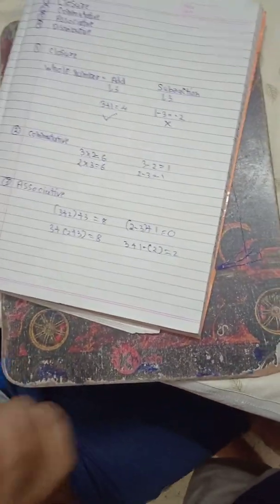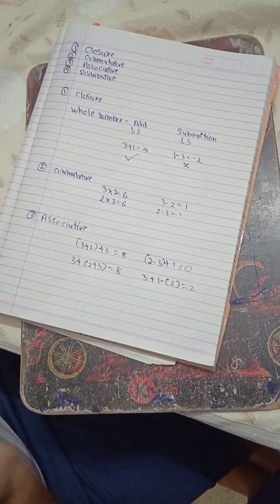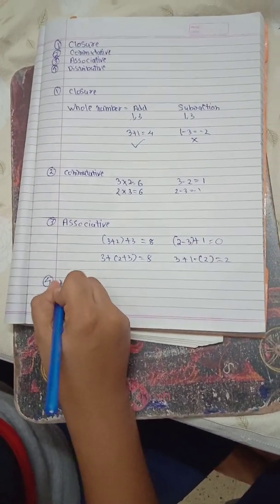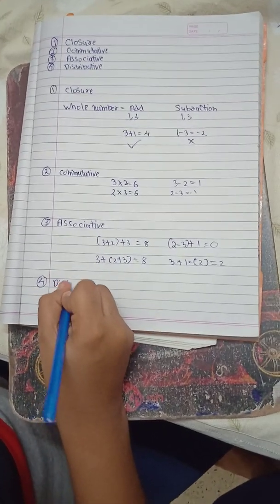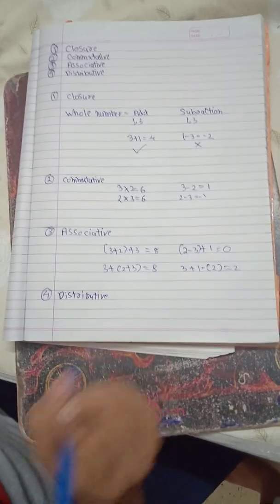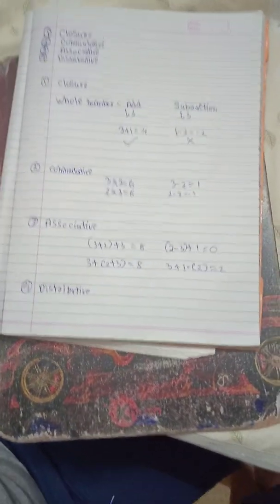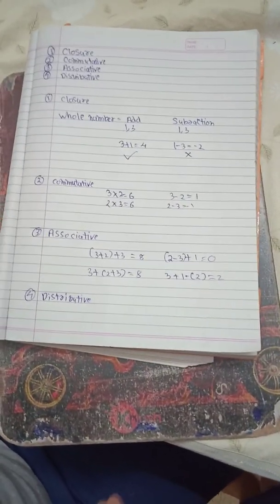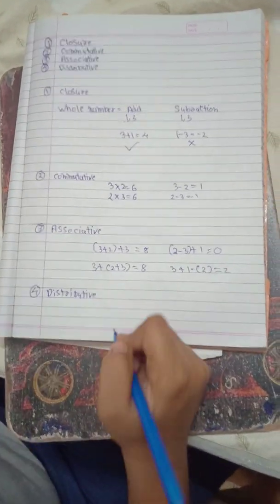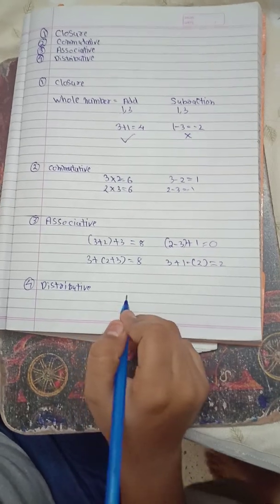Okay. Now we will learn about the fourth and the last property, distributive. After listening to the name, you will think that it is to divide the numbers in brackets, but in this we have to divide the operators.